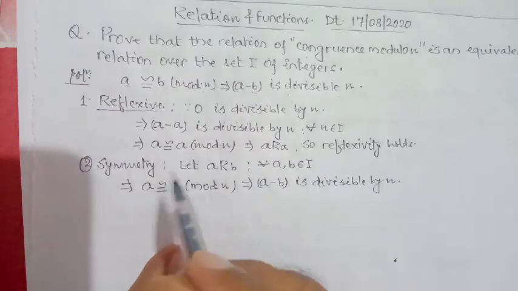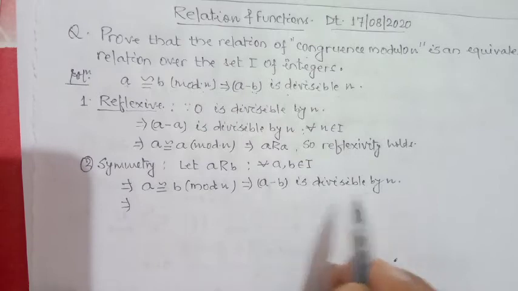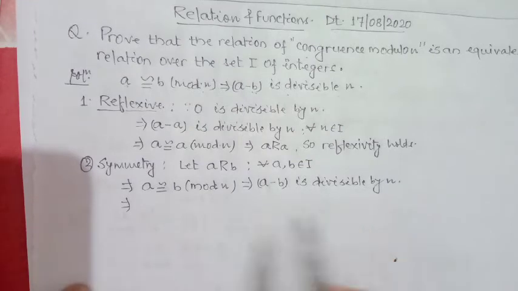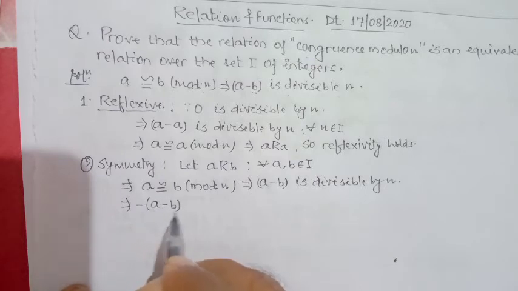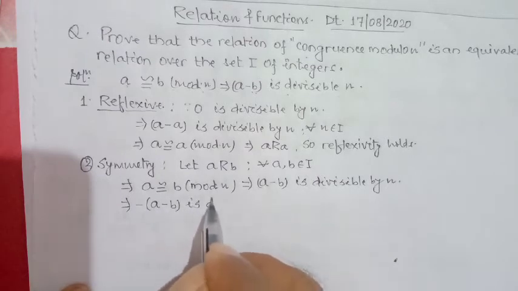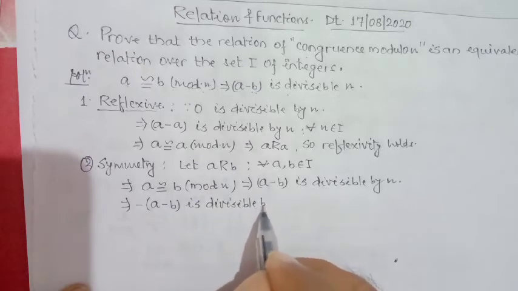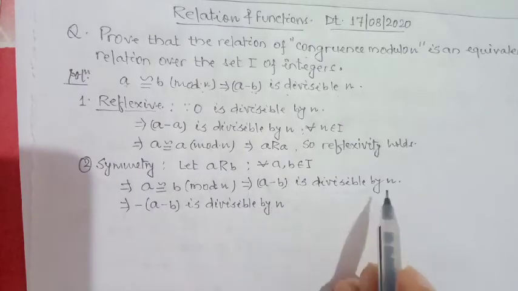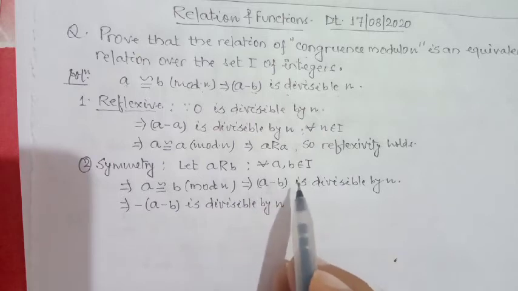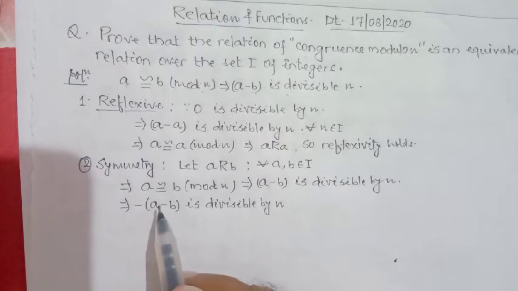Since any number divisible by n has its negative also divisible by n, minus of a minus b is also divisible by n.